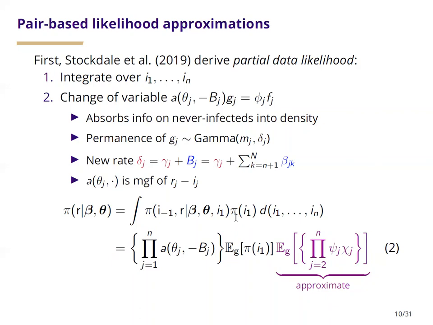And then I'll say that this function A is really a moment generating function for the infectious period length. So next, we have the partial data likelihood. Again, we integrated, we did a change of variable. And here we have formula 2. And in violet, I'm trying to emphasize that for the rest of this talk, we will be trying to approximate this expected product of these psi-chi terms that we still have remaining.